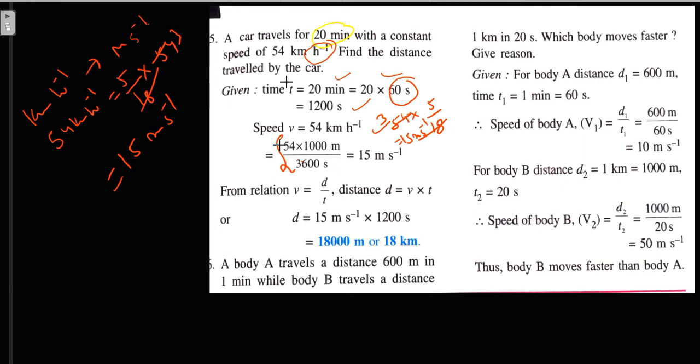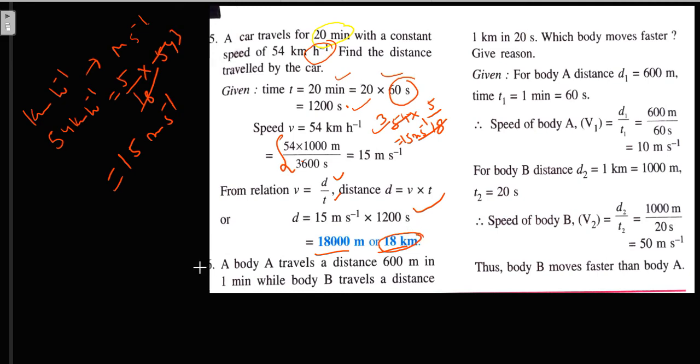So the relation you know, speed equal to distance upon time. Distance we have to find, so it will become speed into time, v into t. So this is our answer, 18,000 meter. We will convert it into kilometer. 18,000 upon 1000, it will become 18 kilometer, right?